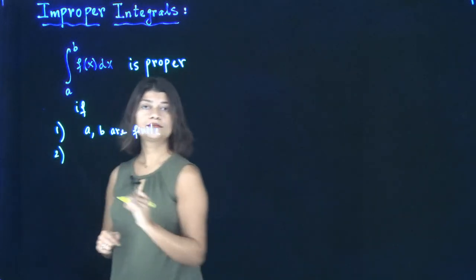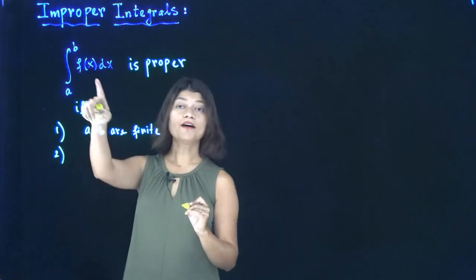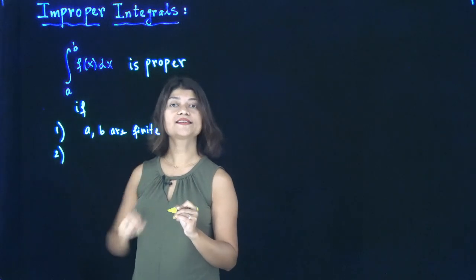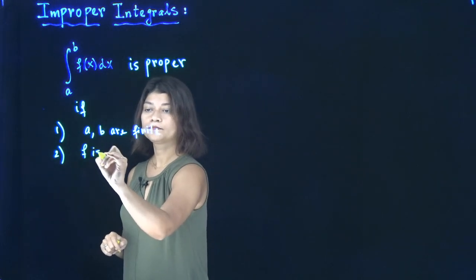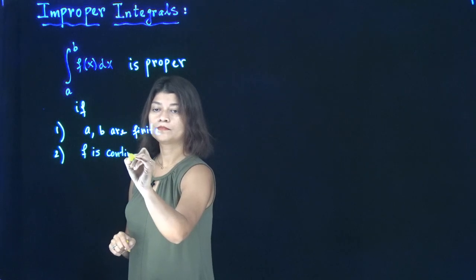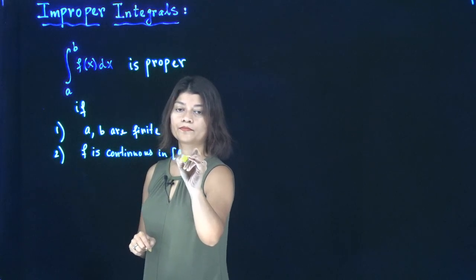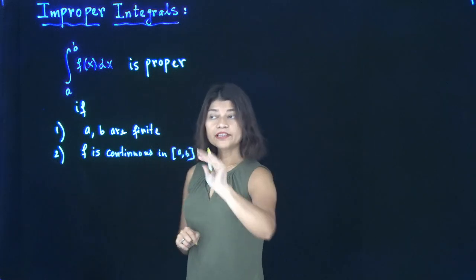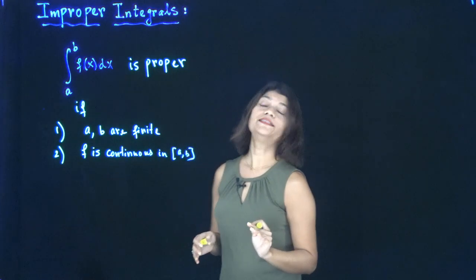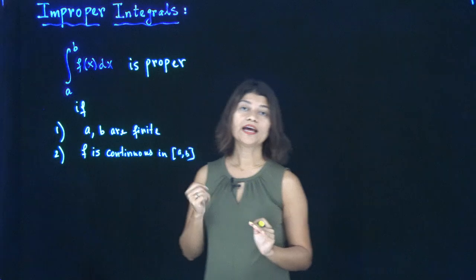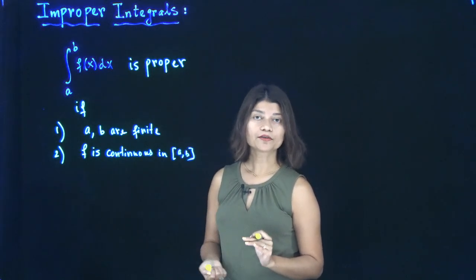And another thing, the function is continuous inside the interval. So if these two are satisfied, then this integral is proper and we can use the fundamental theorem of calculus.